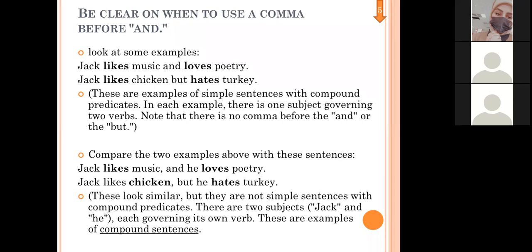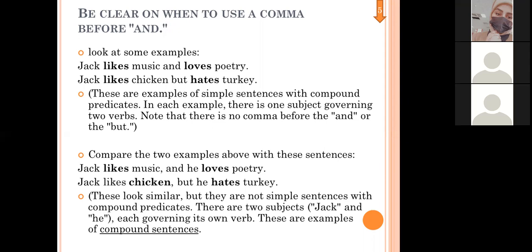But there are two subjects, Jack and he, each governing its own verb. These are examples of compound sentences. In this example of a compound sentence, he loves fish is an independent clause.